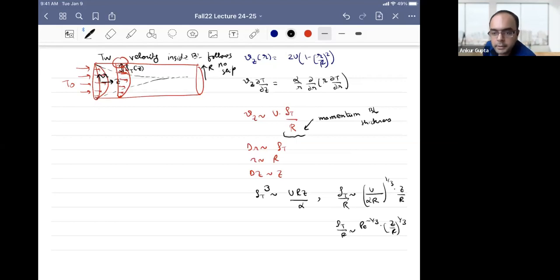Okay. So this is what we had discussed earlier as well. I hope this is clear. Any questions on the scaling analysis? The only difference I have made is that because the velocity follows no slip, and the profile for the velocity is present throughout the pipe, I'm taking a linear relationship.